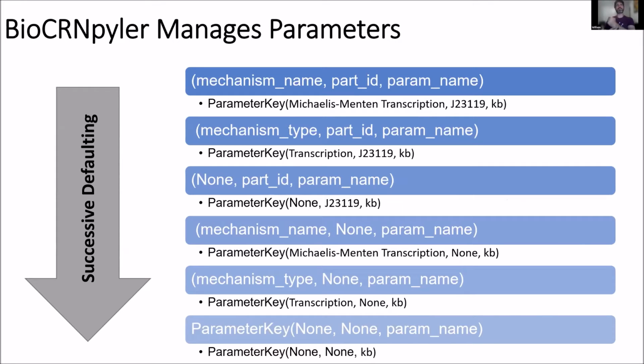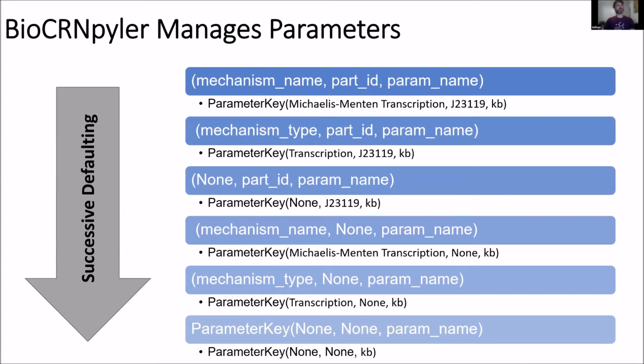Now, as we're building all these models, you have tons and tons of parameters. It's not clear how to parameterize things. One very useful feature of Biocompiler, I think, is that it uses default parameters. So I can build a model using, I don't know, half a dozen parameters, maybe they're all values of 1.110, using this parameter defaulting hierarchy, where I can basically use very simple parameter name specifications and reuse parameters across my whole model.